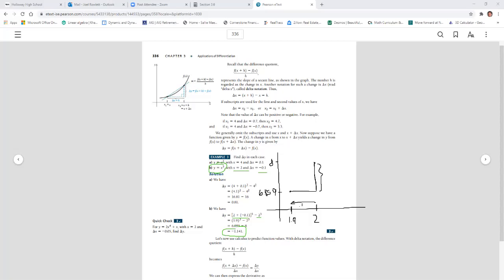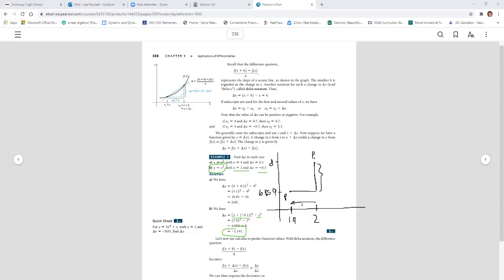Well, the vertical displacement is going to be 6.859 minus 8. Why do we have to do it in that order? Because we're starting high, right? We're starting at 2, and we're moving to the left, which means this point here is P1, because we start here, and once we move to the left, we end up at point 2.